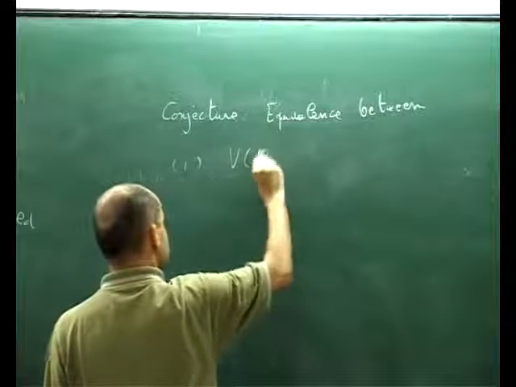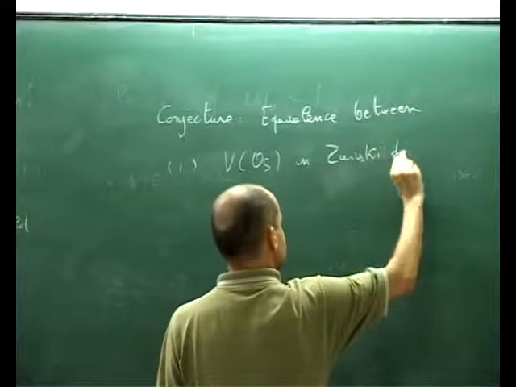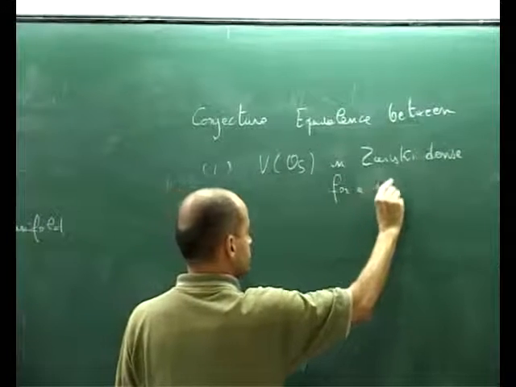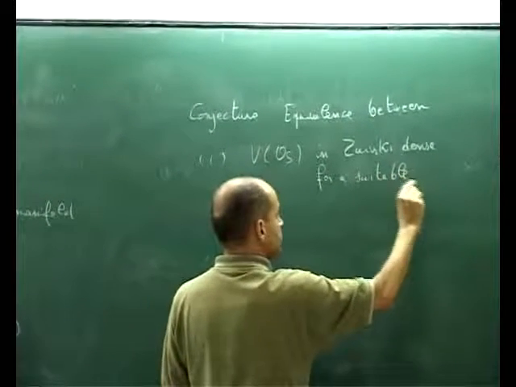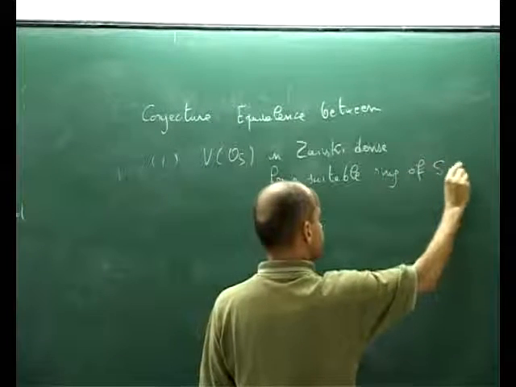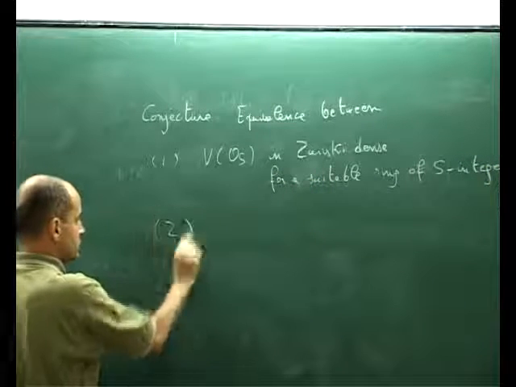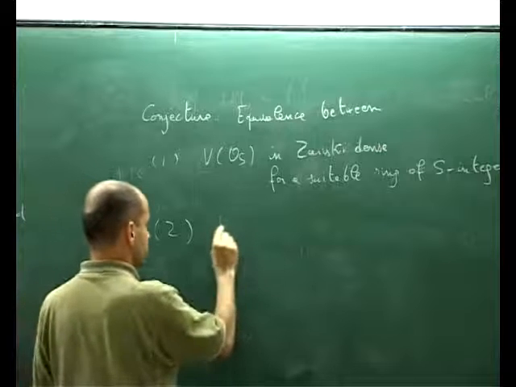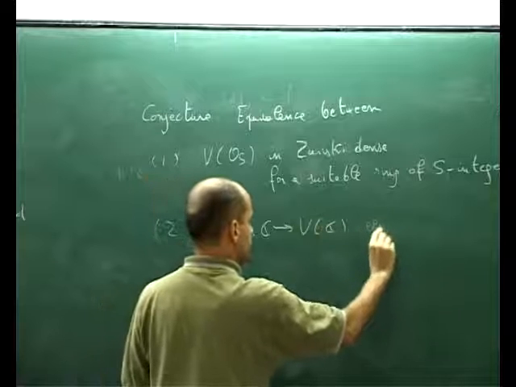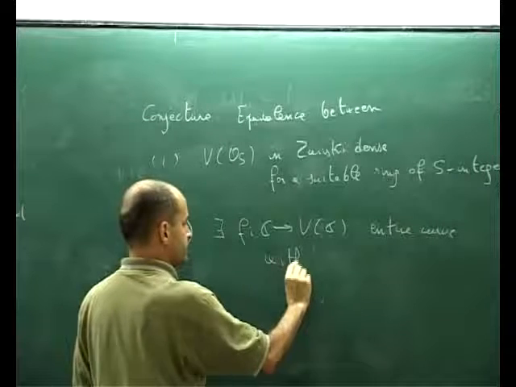First, the set of S-integral points is Zariski dense, for a suitable ring of S-integers. Second, there exists a holomorphic map f from C to the variety with Zariski dense image.